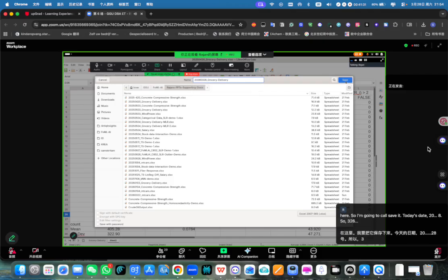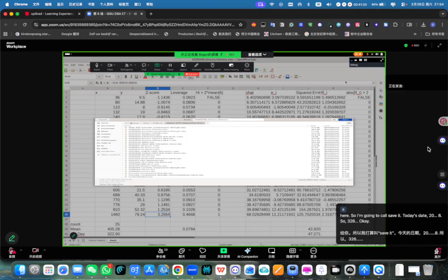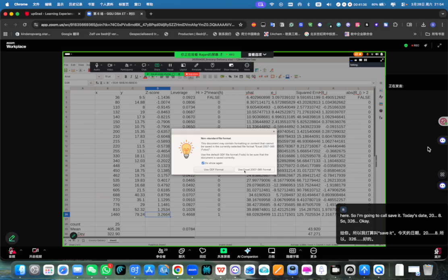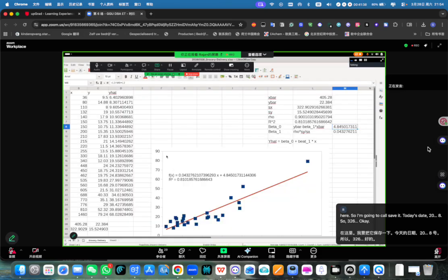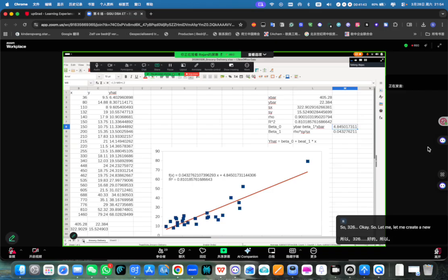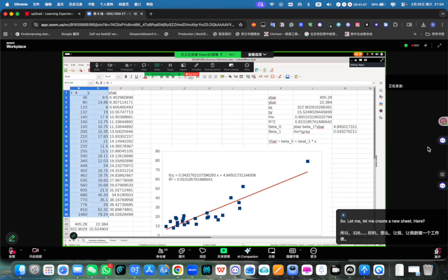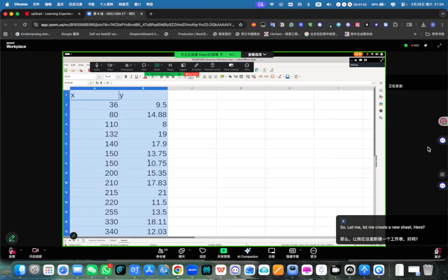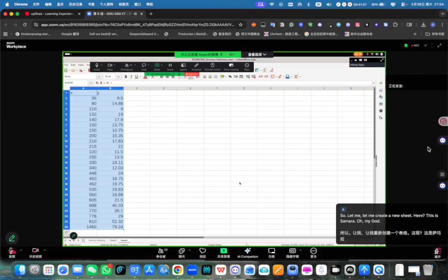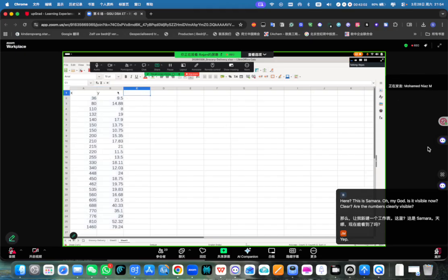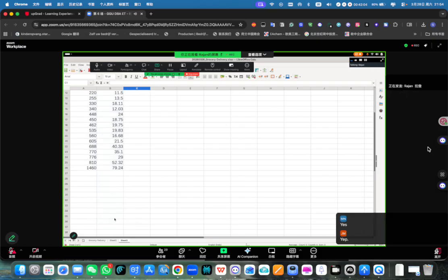Okay. So let me create a new sheet here. Okay, this is our... oh my god, this might be too big. So I'm going to... is it visible now? Clear? Are the numbers clearly visible? Yes. Okay.